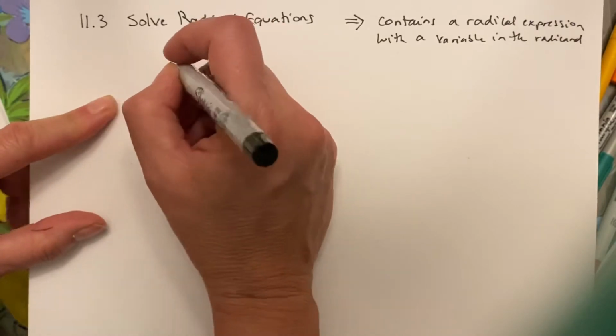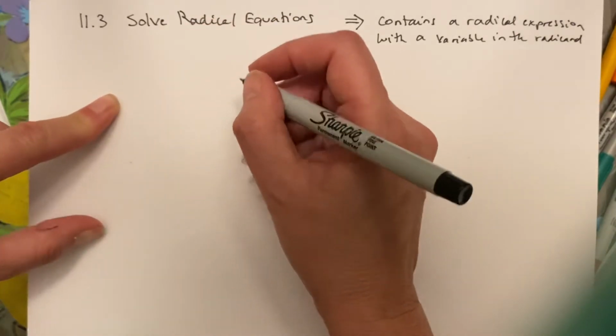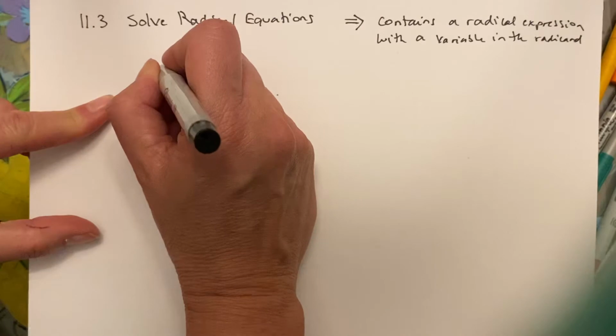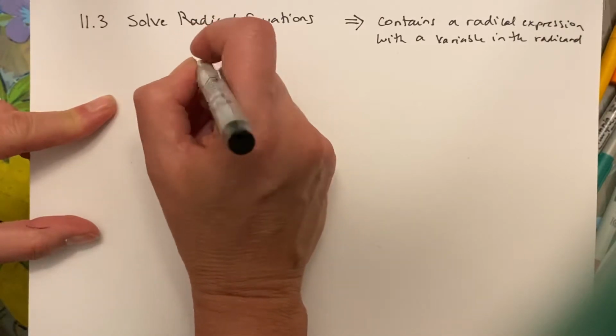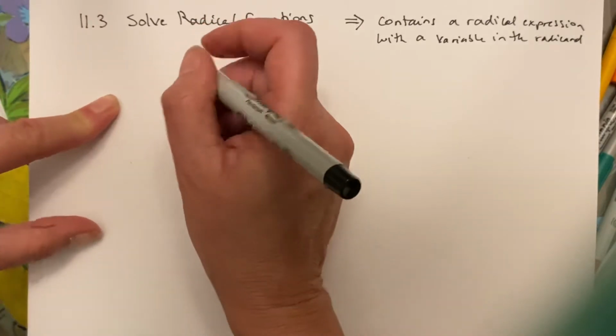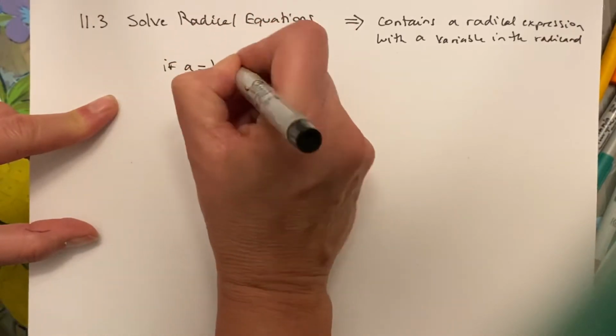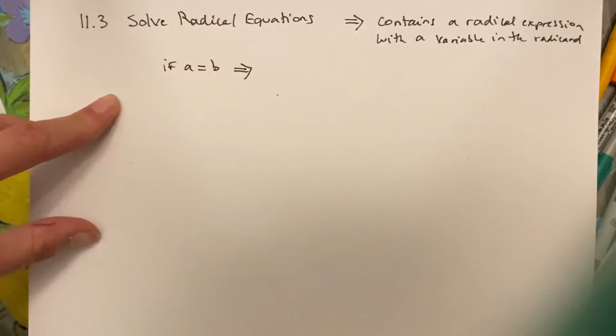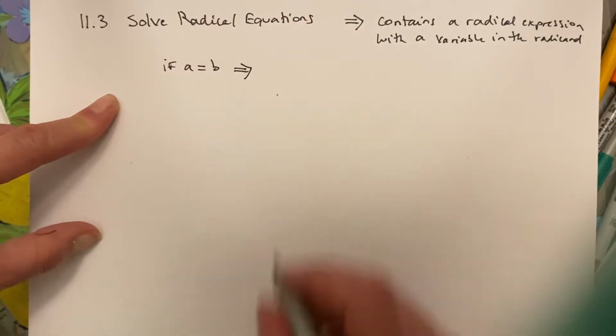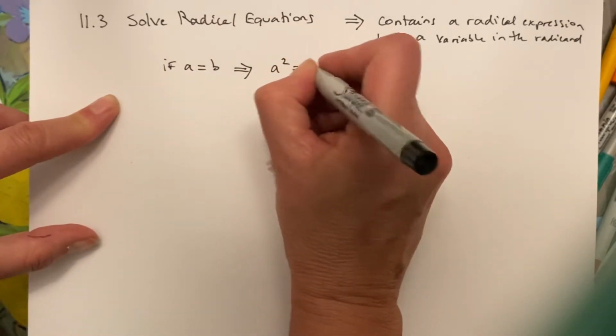For example, if I have a equals b, I know that a squared equals b squared.